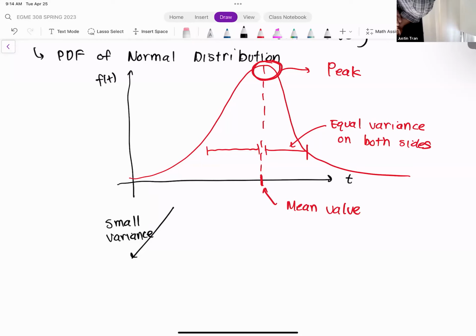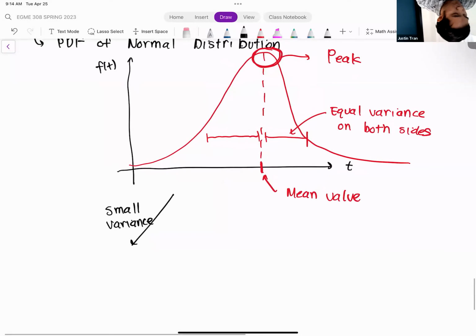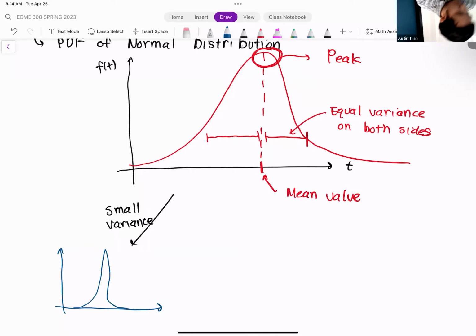There's a lot less random variation in its value. Okay. We may get a normal distribution that looks like this. You can see our peak is very narrow, and so most of the values that you're going to sample are going to be right around that peak.